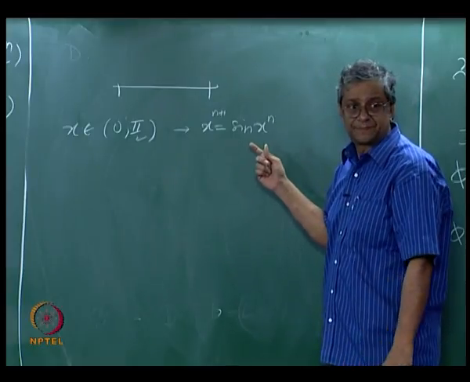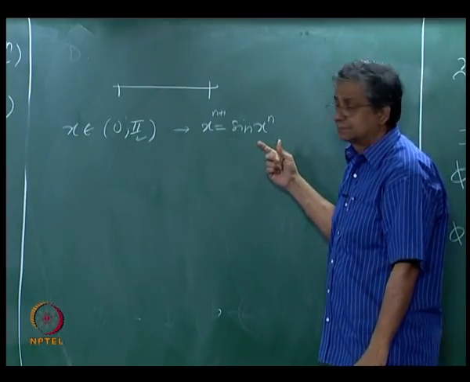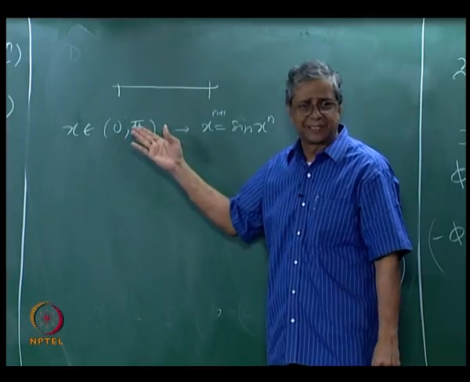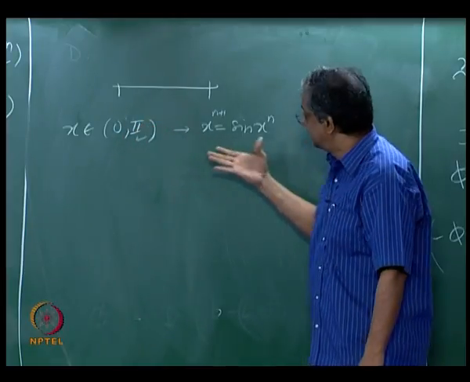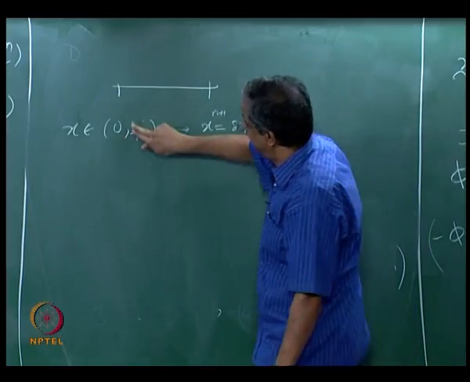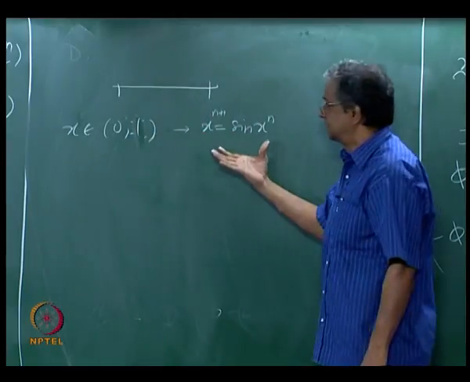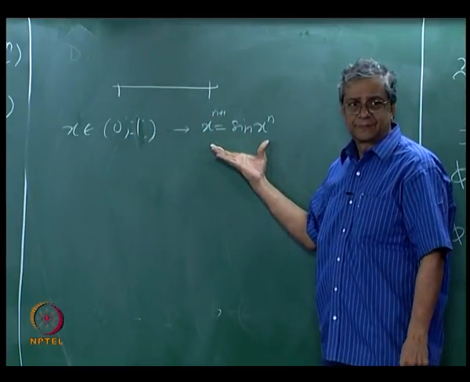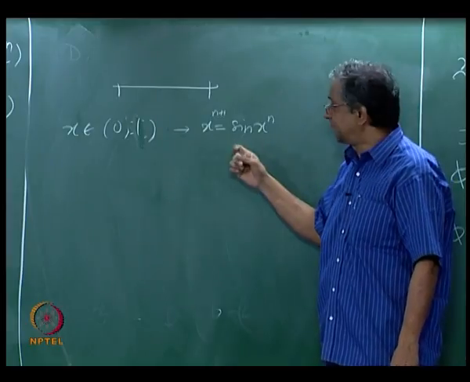Am I making sense? Okay. In fact, instead of pi by 2 I could have even taken 0 to 1, then it turns out that if x is in 0 to 1, this will map back, not constrain.